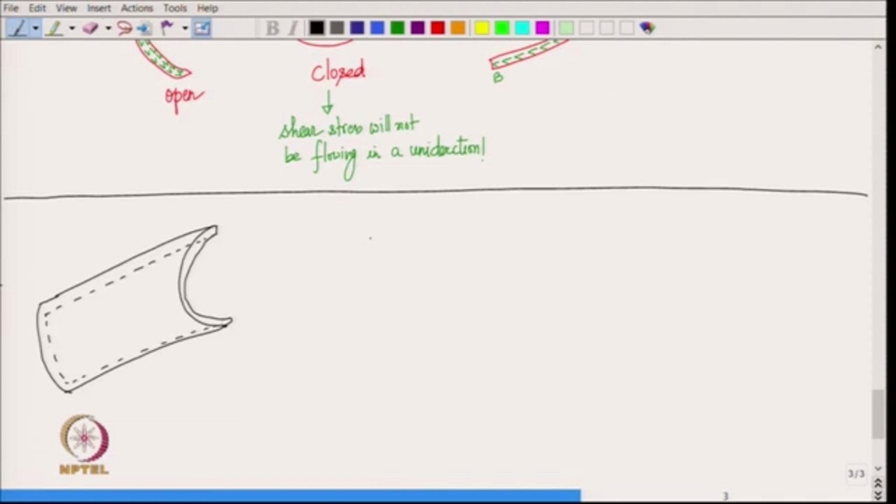Okay. So, basically the cross section has got this curved shape, and then we have the x axis along the axis of the beam, we have y axis, and we also have z axis, all right.